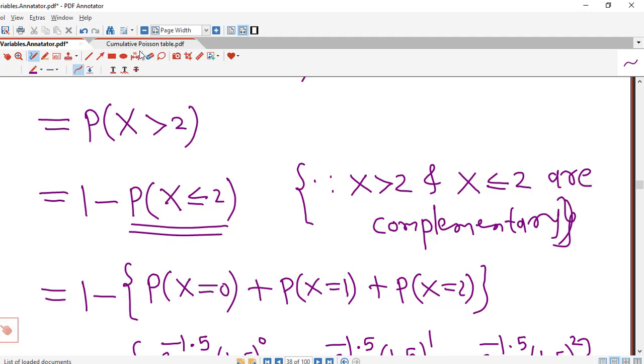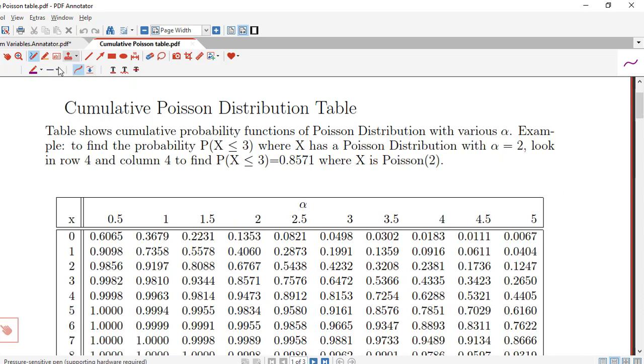So we use the cumulative Poisson table to calculate the probability that capital X is less than or equal to 2, and in our case the mean is 1.5.